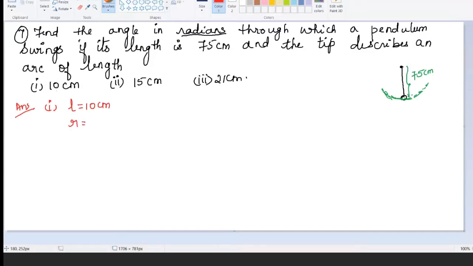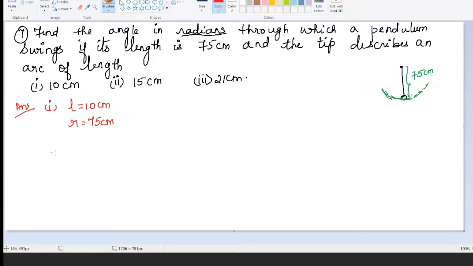Yes, 75. As I look into the figure, if I extend around, that will form a circle, so this will be the radius. So 75 is the radius. L is 10 centimeters for the first one, and R is the same for all 3: R is equal to 75.